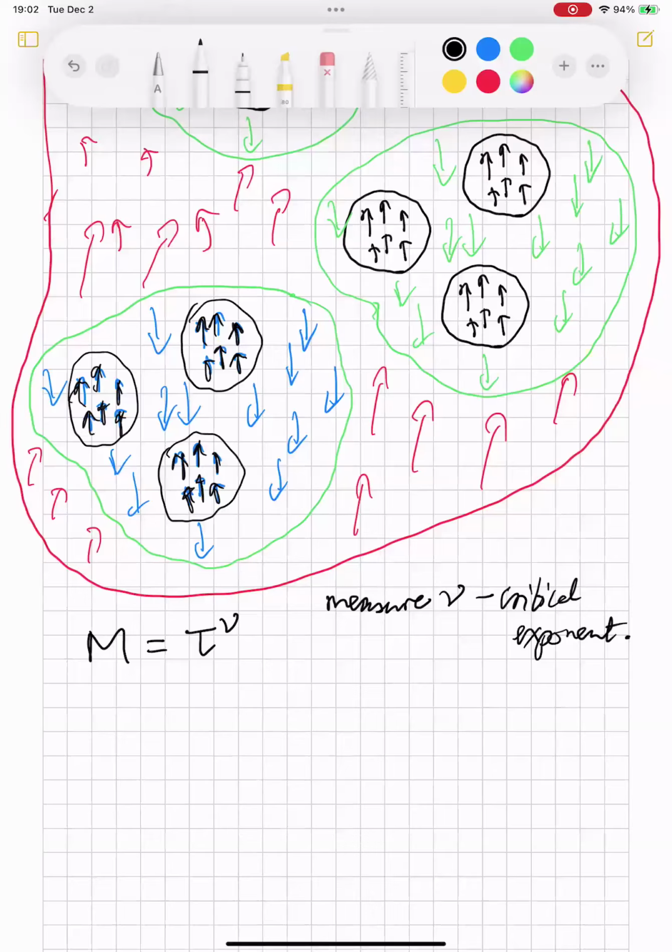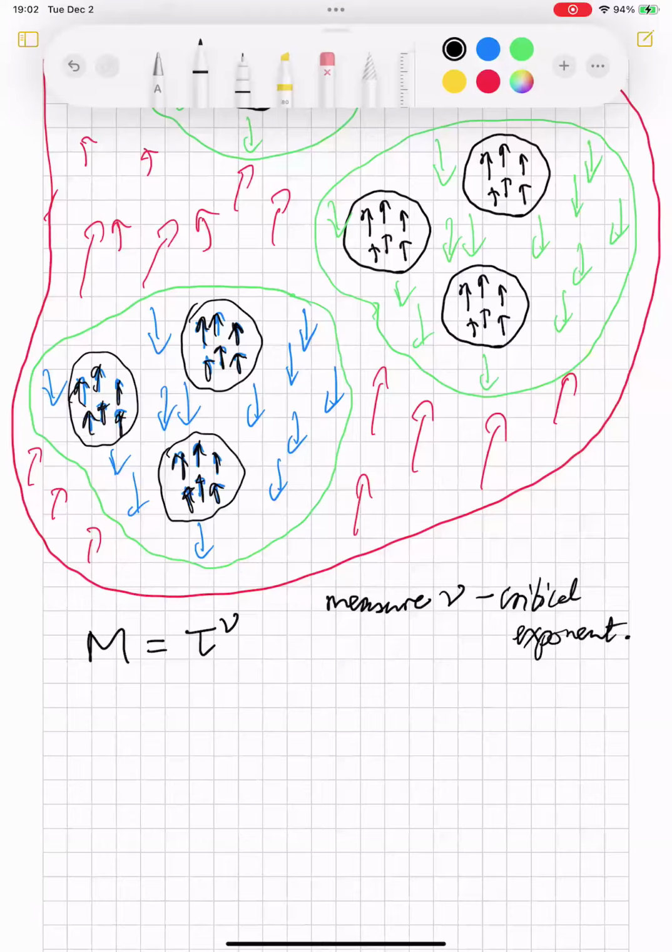For example, the free energy would, the specific heat would. So all kinds of quantities associated to your system would obey these power laws. Each of them would have a different critical exponent, and you would use the conformal field theory to calculate these critical exponents. That's one of the things that you could calculate with the conformal field theory.